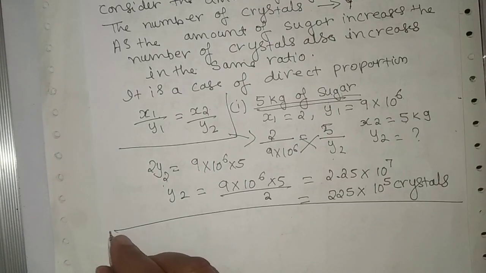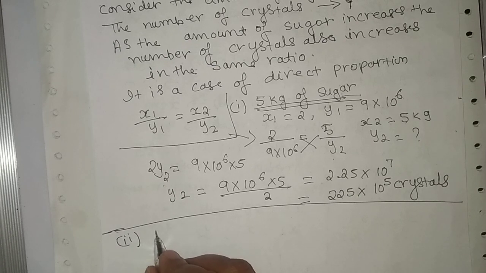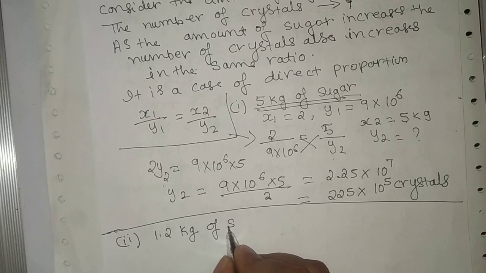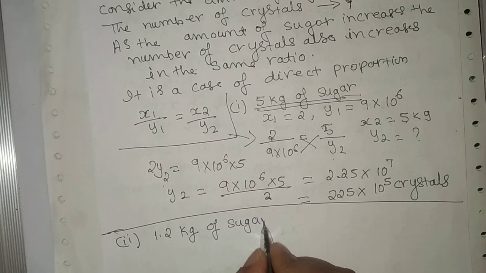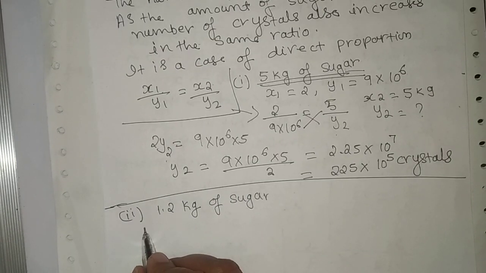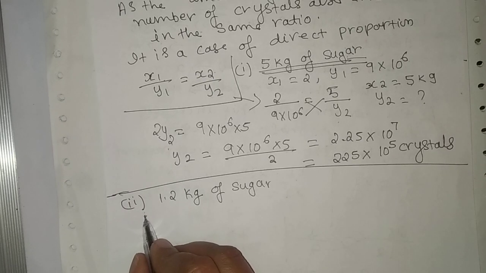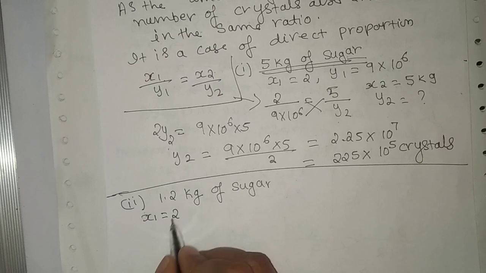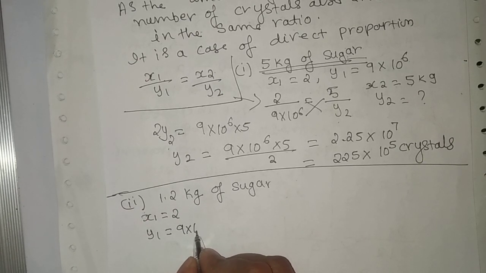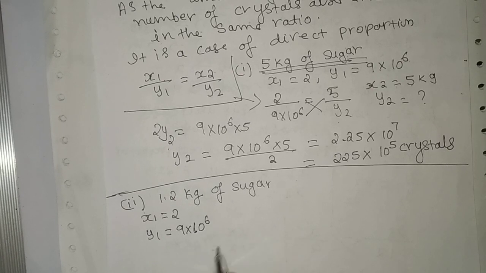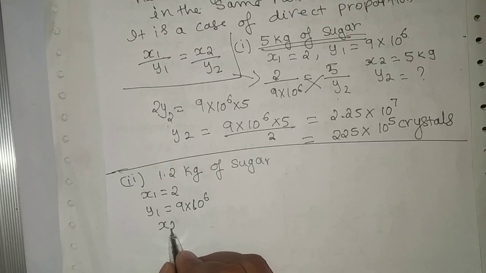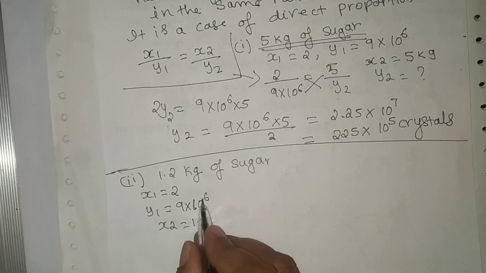Then we'll take the second option, that is how much? 1.2 kg of sugar. Take the same formula. What are the data here? Data given is x1 is equal to 2 kg, y1 is equal to 9 into 10 power 6 crystals. Then x3 is equal to 1.2 kg.